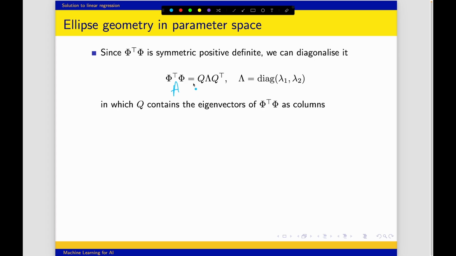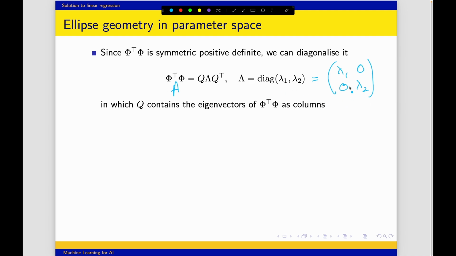We can write A as some matrix Q times some matrix lambda times the same matrix Q transposed. And this matrix lambda is a diagonal matrix. It looks like this: lambda 1, lambda 2, because we took a 2D case, and everything else is 0. A diagonal matrix is a matrix where only the diagonal terms are non-zero.